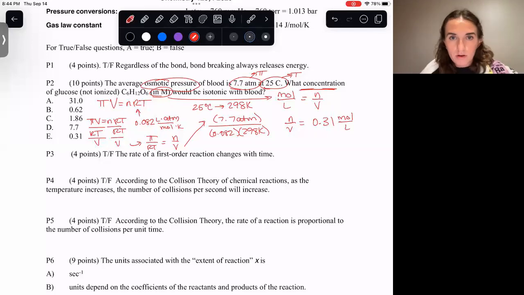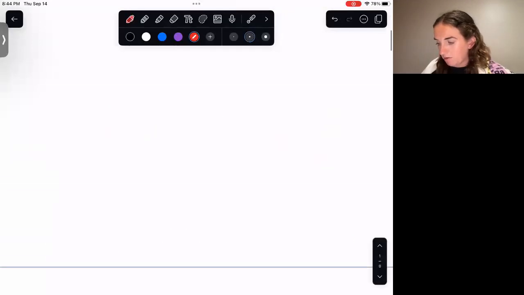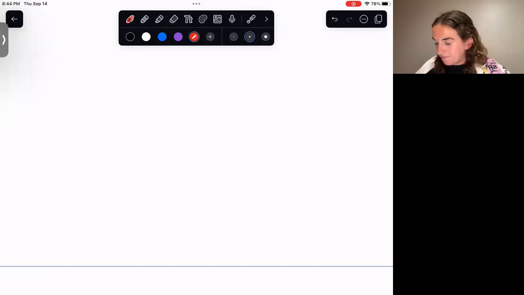Yep. So Maria asked a question about the Arrhenius equation with two K values in the log form. When you have two K values and two temperatures, it's going to look very similar to an equation we used last exam, where it has the 2 in the natural log and then 1 over temperature.